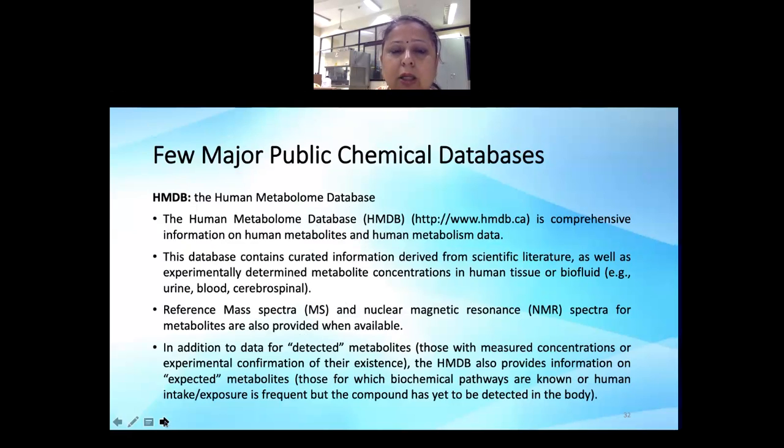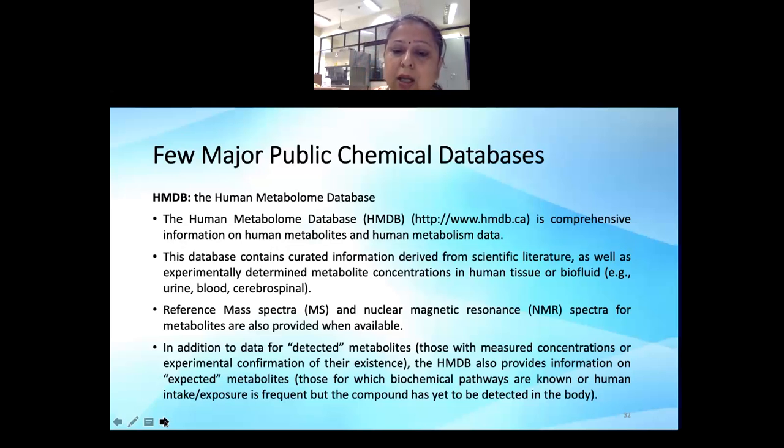Now, among the major public chemical databases is HMDB, the Human Metabolome Database, which has comprehensive information on human metabolites and human metabolism data. This database contains curated information derived from scientific literature as well as experimentally determined metabolite concentrations in human tissue or biofluid. Biofluid here means urine, blood or cerebrospinal fluid.